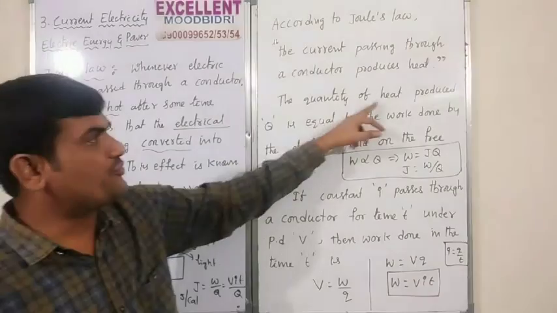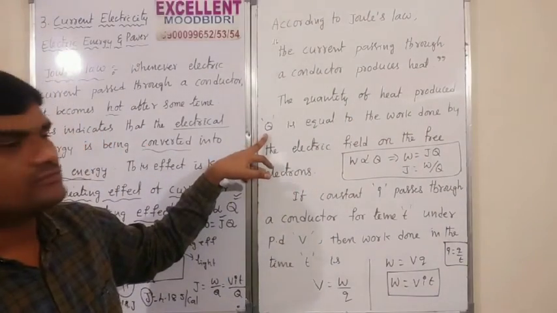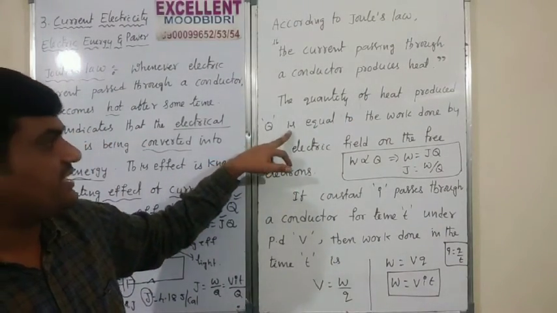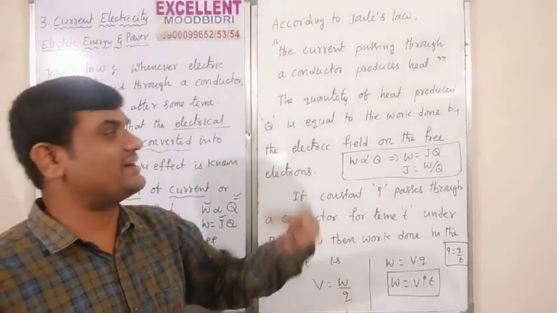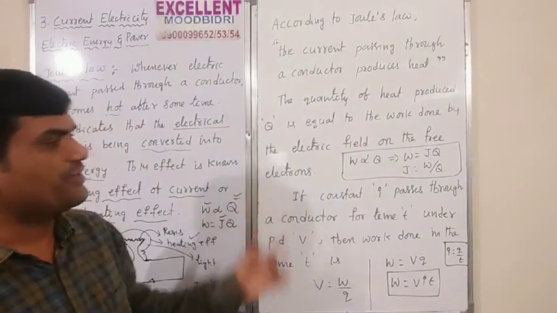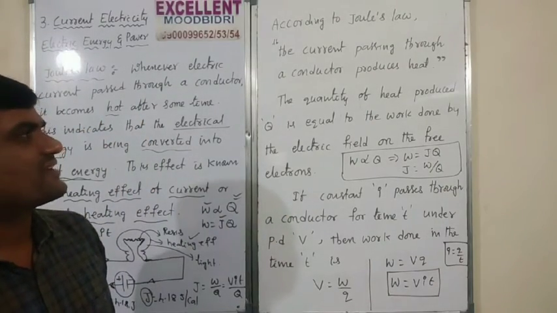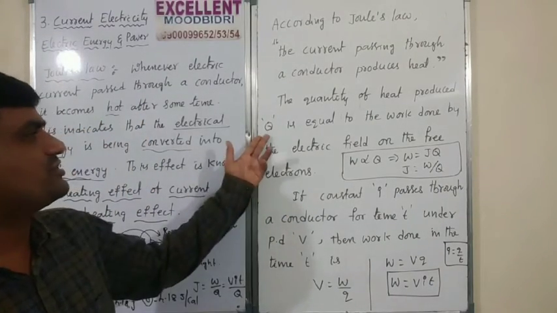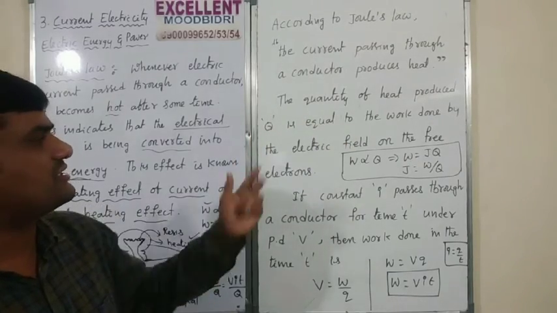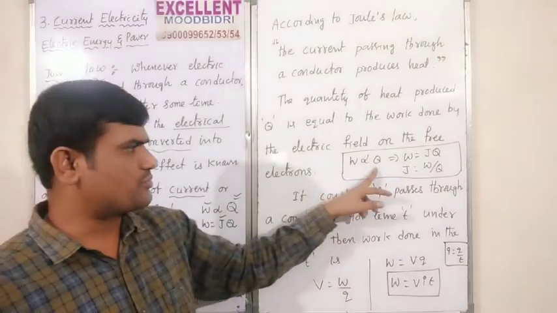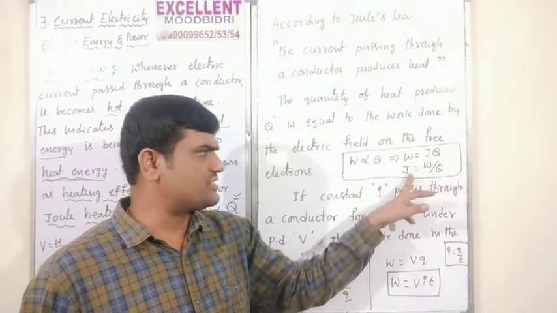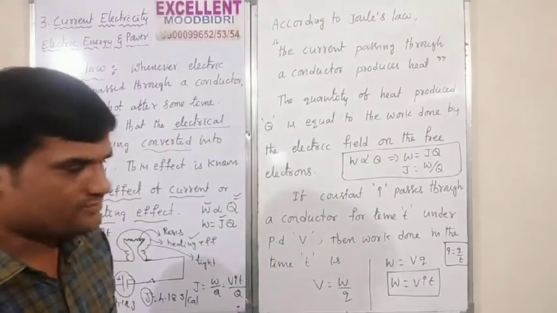The quantity of heat produced, Q, is equal to the work done by the electric field on the free electrons. Correct? That's why here W is proportional to Q. W is equal to J into Q, J is W by Q, as I gave.